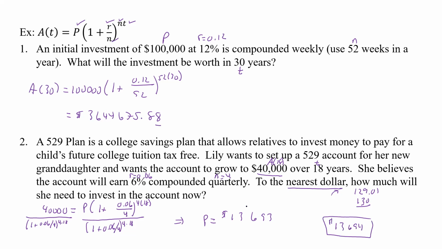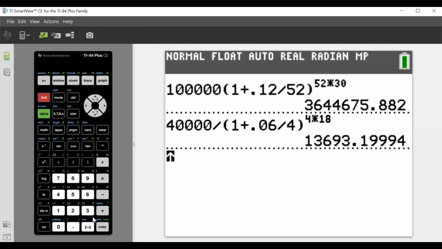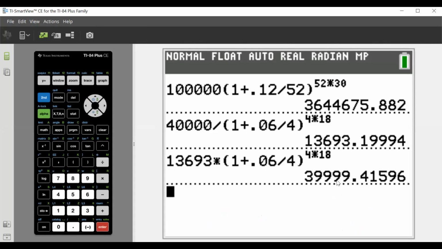If we plug this number back in, we're not going to get up to the 40,000. So that's going to be kind of our key difference here. So let's go back and kind of show you that. So if we go back here and go to the very beginning, and we put the 13693 and then times this, what do we get? 39,999.41596.